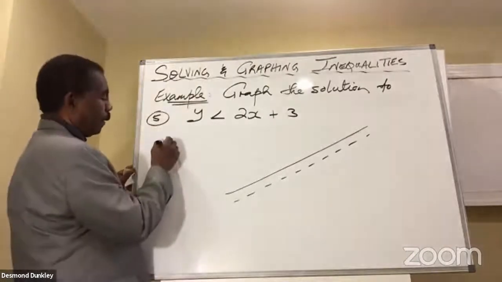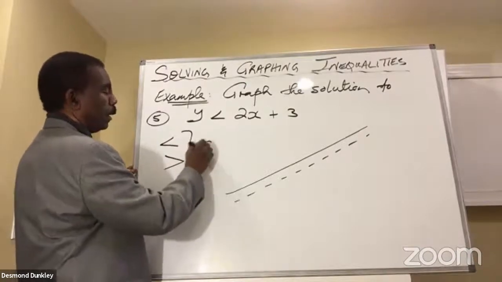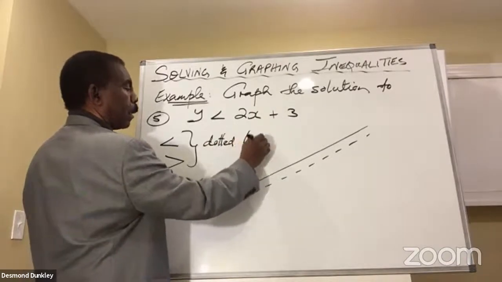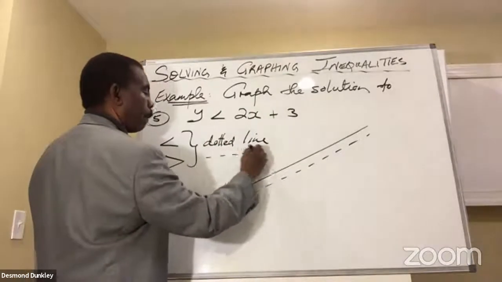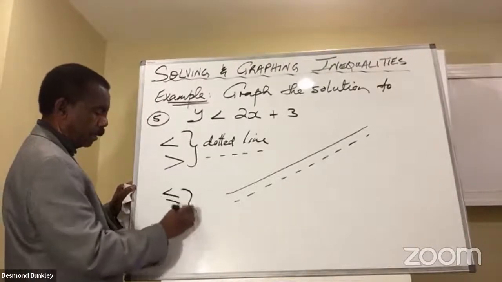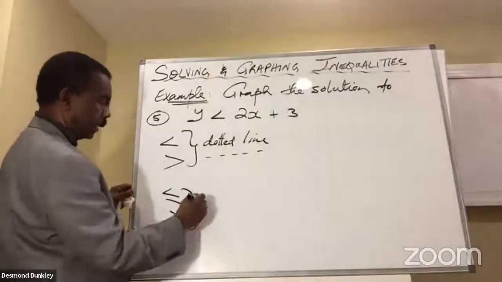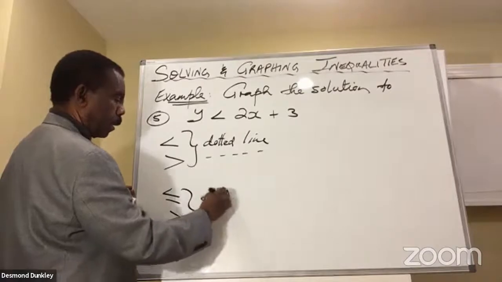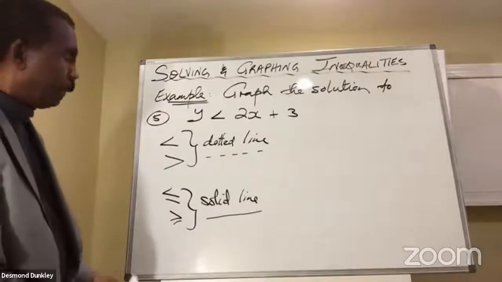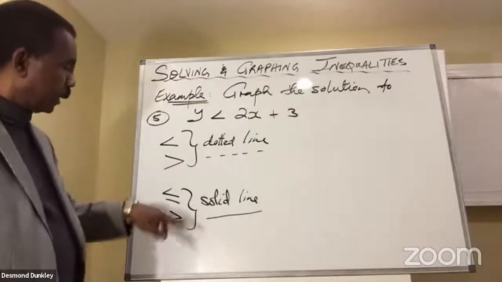So if it is strictly less than or strictly greater than, we use a dotted line.